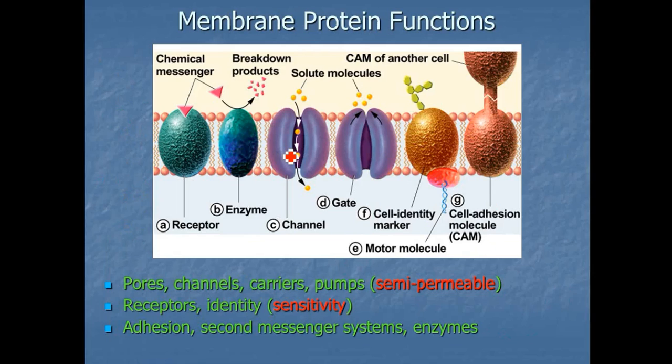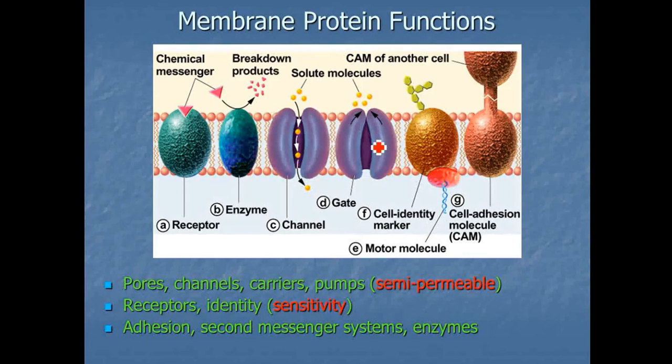Some functions of proteins in the cell, which we'll look at in more depth in the different systems, are as follows. We have receptors. Receptors receive information; they let us know what's going on around us. Enzymes help to process materials, either in the extracellular environment or the intracellular environment. You have channels and gates, transport proteins.